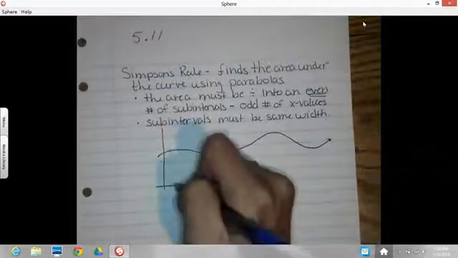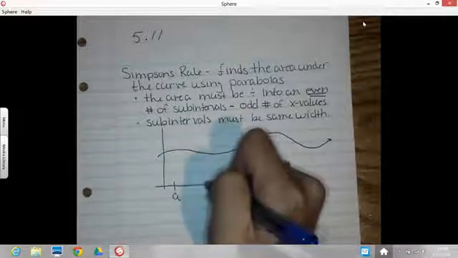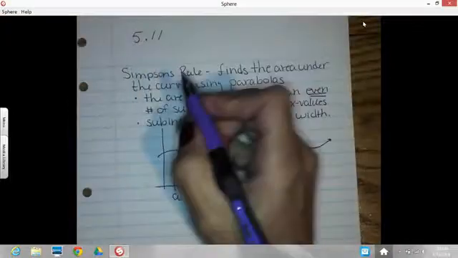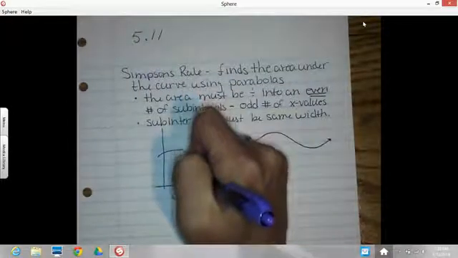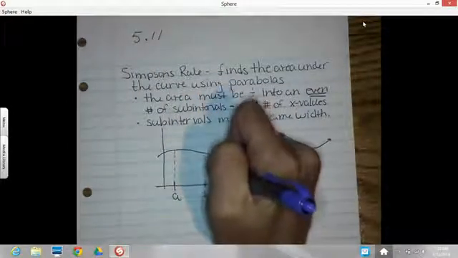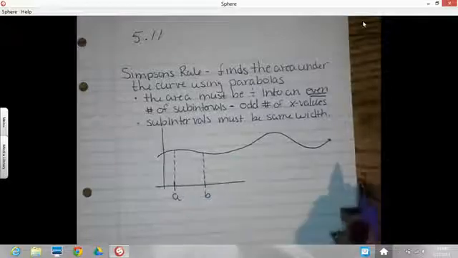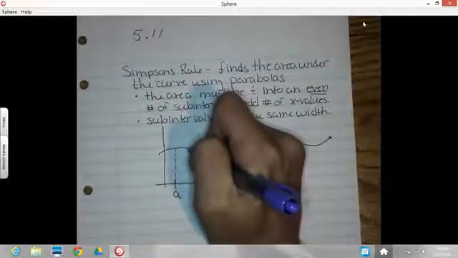Let's say from A to B. So what we will do, we have to divide it into an even number of subintervals. So the smallest number we could use is 2 subintervals. So what that does is it puts another divider through here.